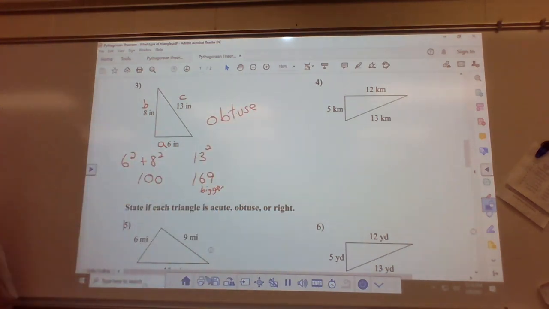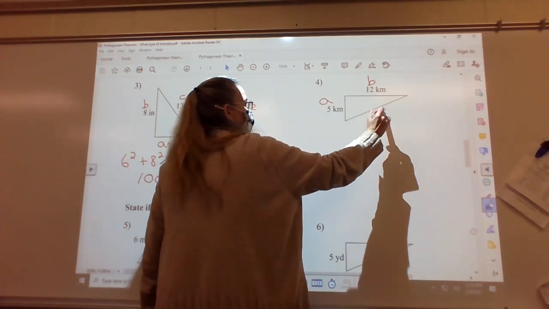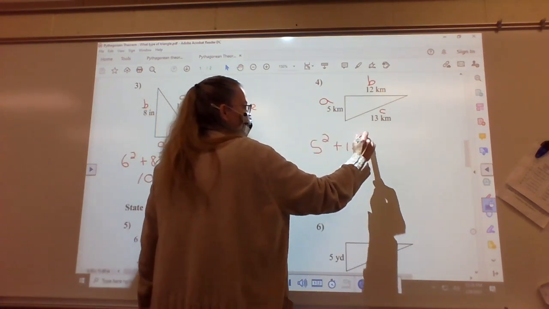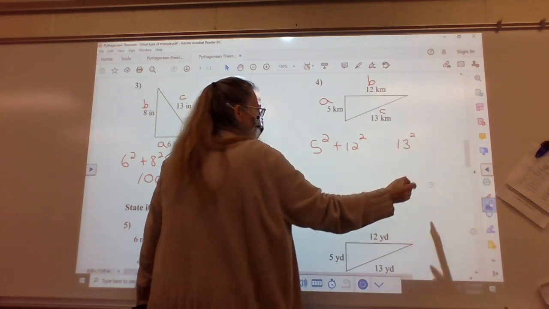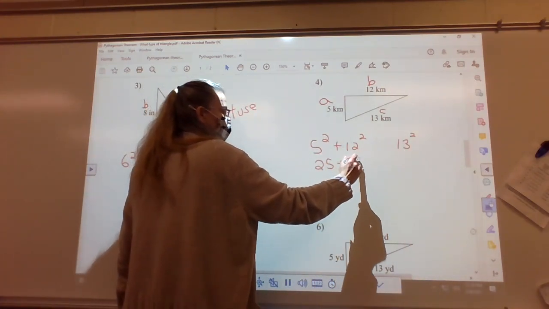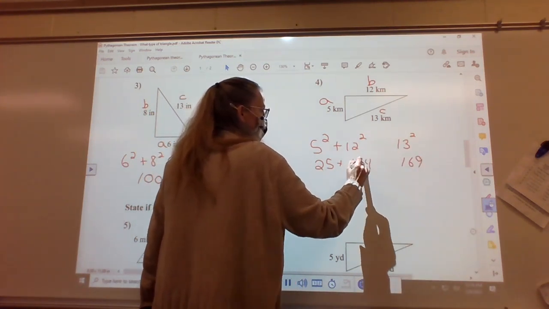One more example, then I'll let you go work on the worksheet. 5, 12, 13, A, B, C. 5 squared is 25. 12 squared is 144. 13 squared is 169.